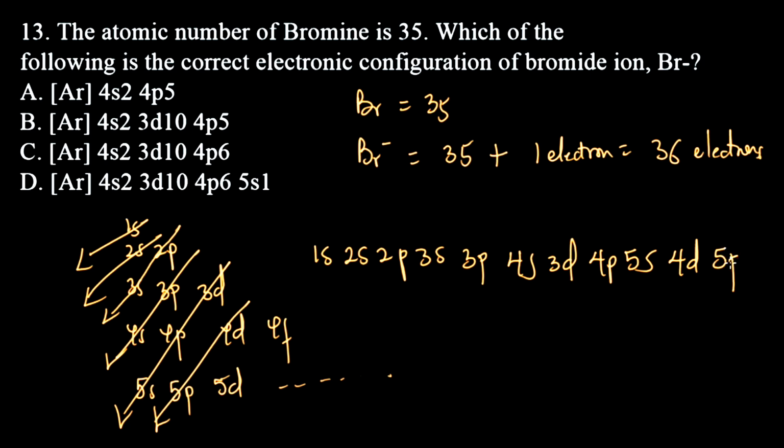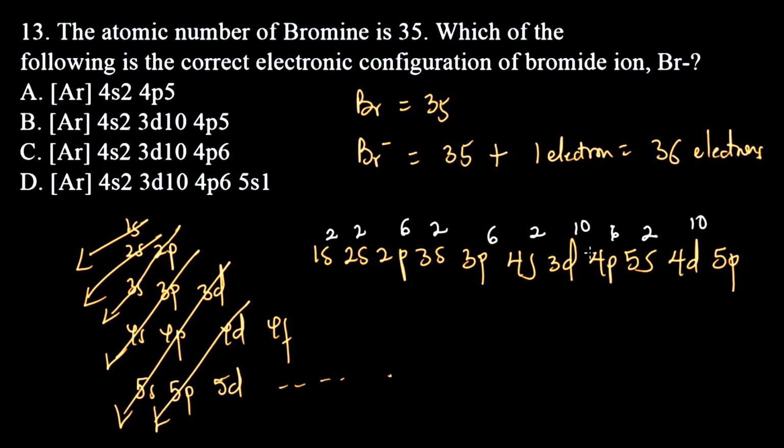We have 5p. So let's fill it with electrons. We have 36 electrons to fill in. So we have 2, 2, we have 6, we have 2, we have 6, 2, we have 10 electrons, we have 6 electrons, 2 electrons, we have 10 electrons. Everything here is 10. So 20, 30.